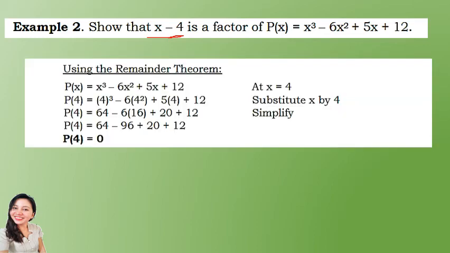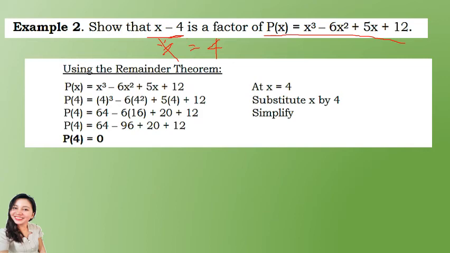So, using the remainder theorem, so, tanan x dinhi, kini nga function, pulihan ra nato og x equals 4. X minus 4 man eh. So, tanan x, pulihan na ito 4.